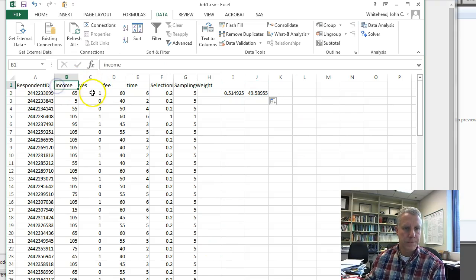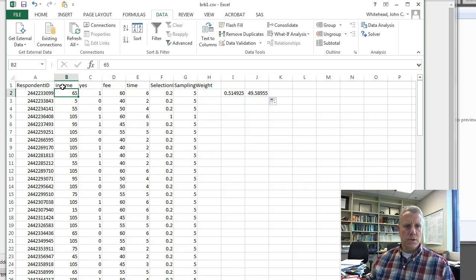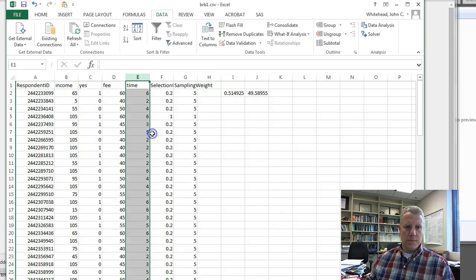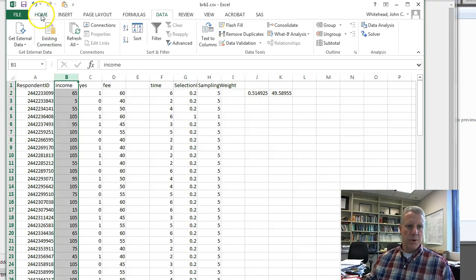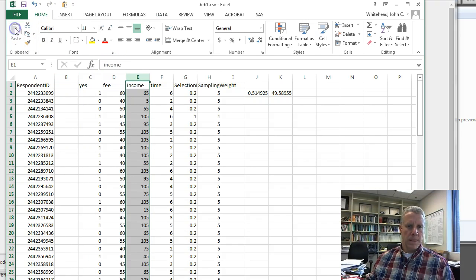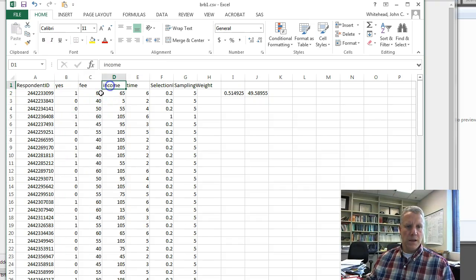And while we're here, let's just remember how to estimate a multiple regression model. So everyone has the income variable included in there. And to estimate a multiple regression model, we want our independent variables to be contiguous. I'm going to move that income variable over to right next to the fee.